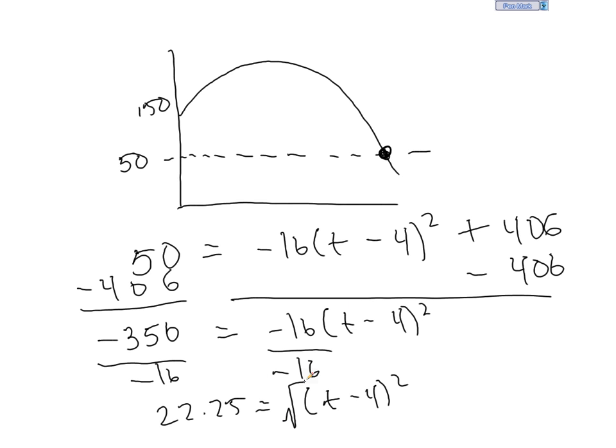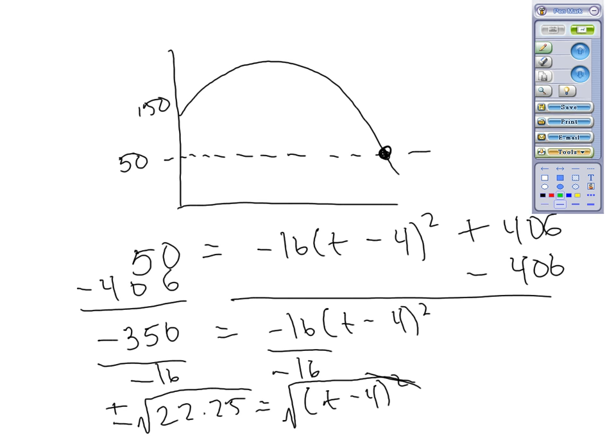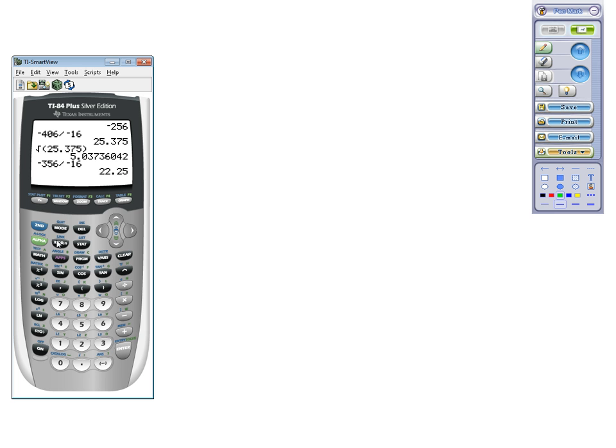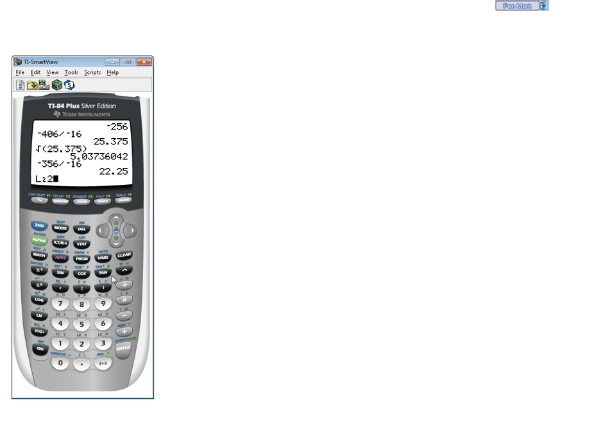Well, now I take the square root to cancel out the square, realizing that I could have the positive or the negative. The square root of 22.25 is about 4.72, plus or minus, equals t minus 4. And in the same way, I'm going to add 4 to both sides.